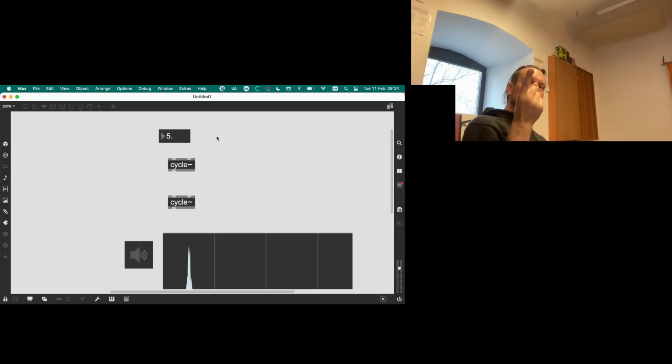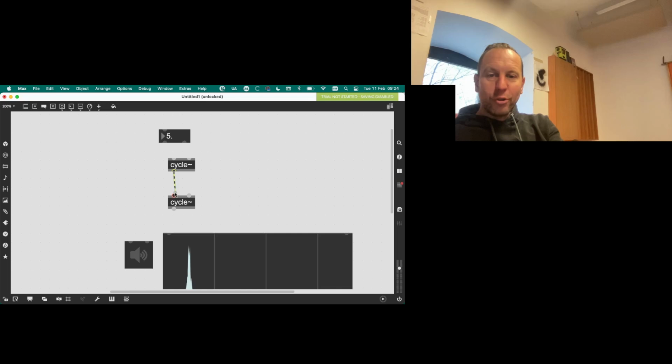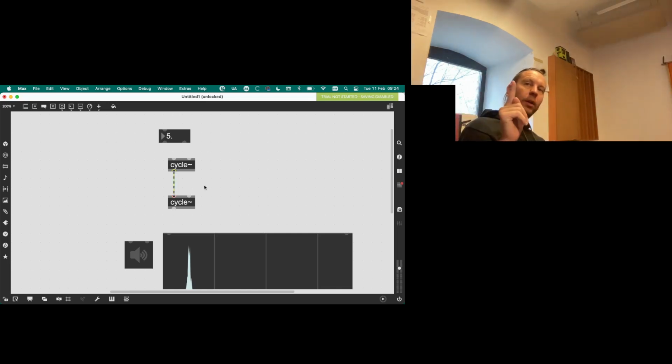Now, in order to produce an FM, what I need is I need the modulator signal, so this will be my modulator, to have a different range. You see, because if I just connect my modulator to the carrier, the values coming out of the modulator are between -1 and +1.